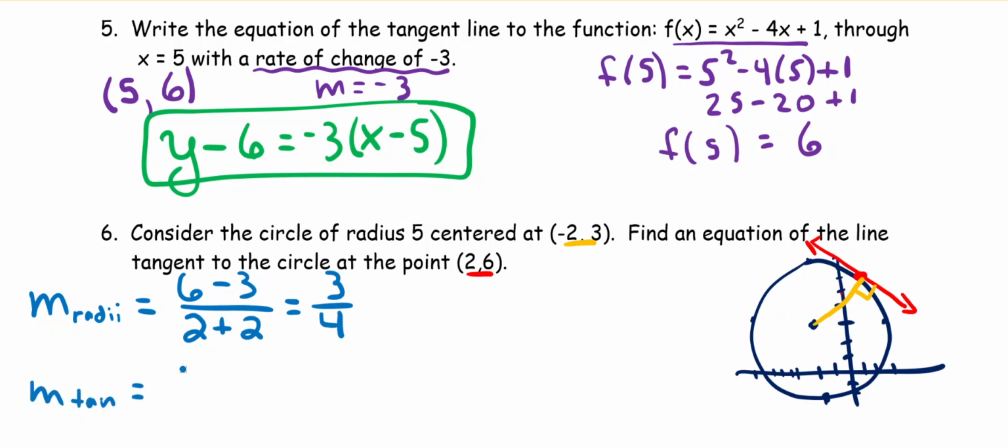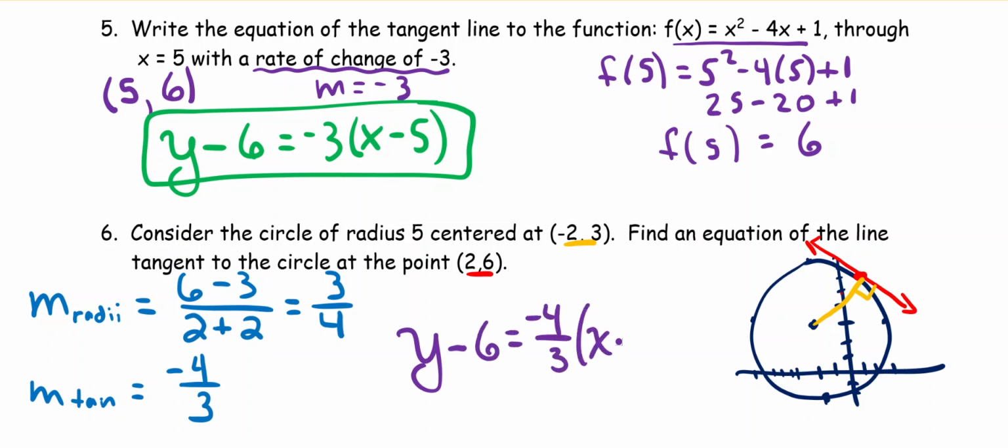And the slope of the tangent will be -4 over 3. Now I'm going to write the equation of the line. y minus, I have to use the 2, 6 point, y minus 6 equals -4 over 3, x minus 2. And now I have the equation of my line.